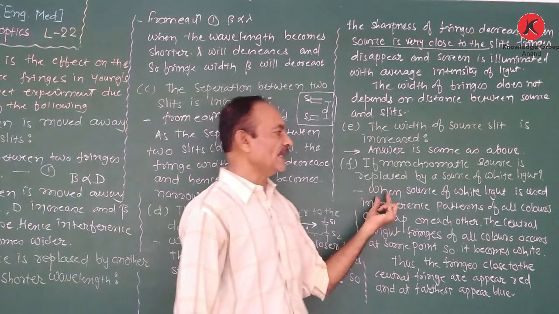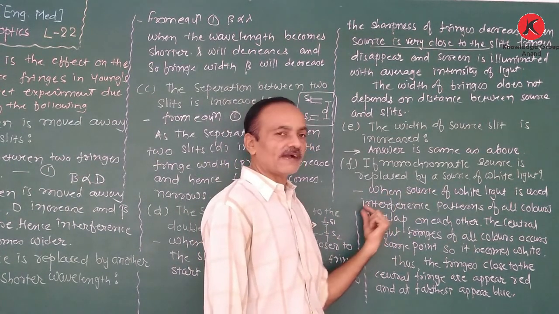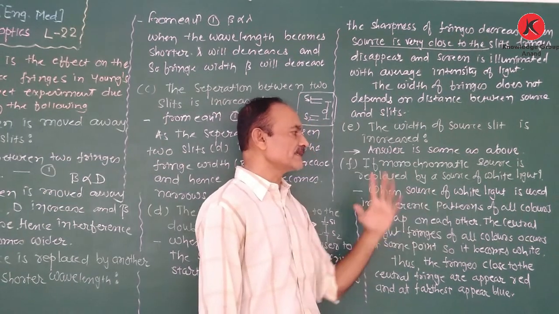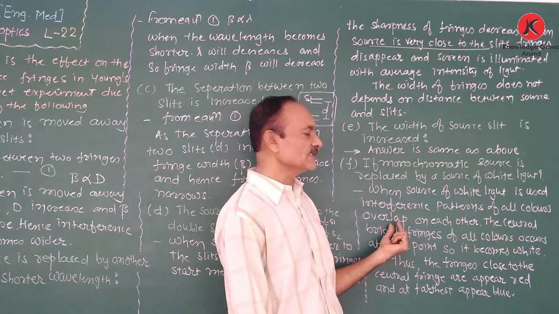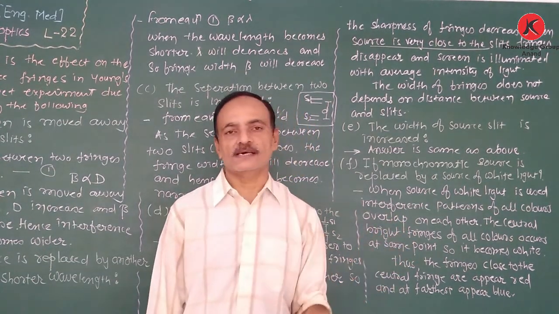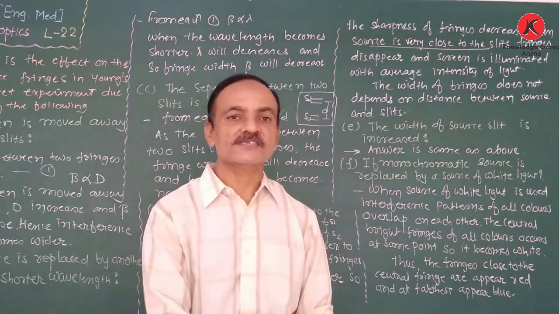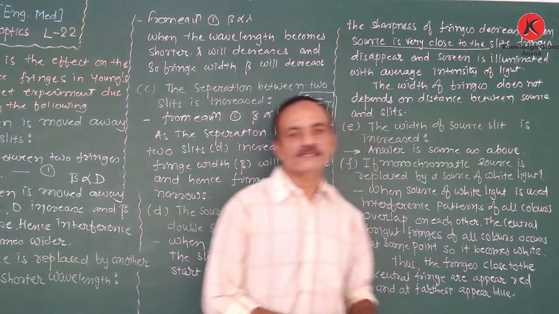When the source of white light is used, the interference patterns of all colors overlap on each other, and the central bright fringes of all colors occur at the same point. Therefore, the central bright fringe shows white.